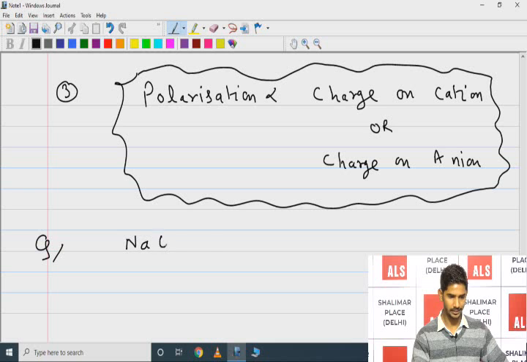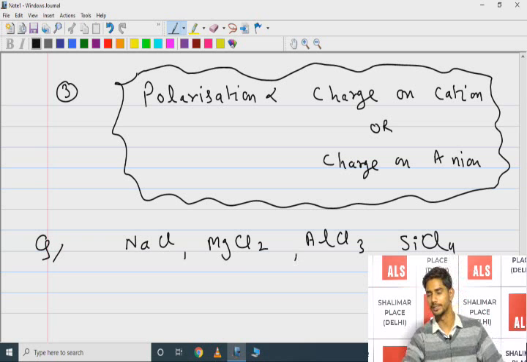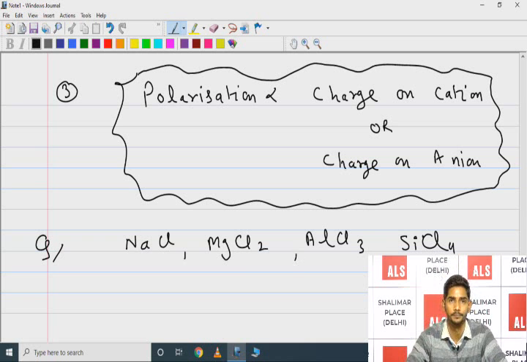So just check out this question. Let's suppose we have got NaCl, MgCl2, AlCl3, SiCl4. Arrange them in the order of increasing covalent character. See, chlorine is the same in every molecule. So we have to just check out the cation part.